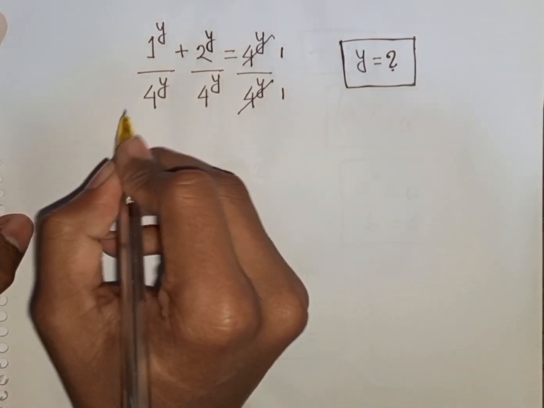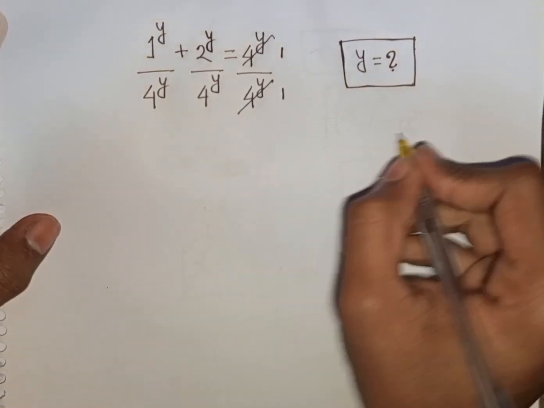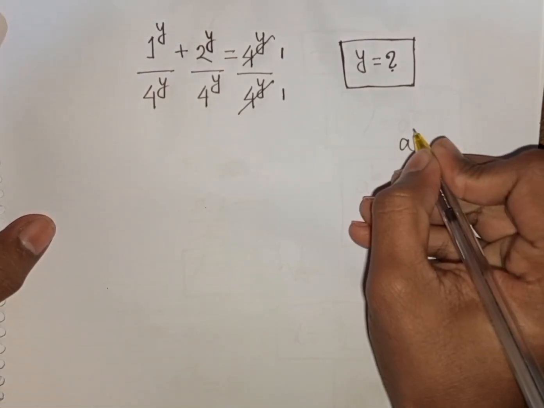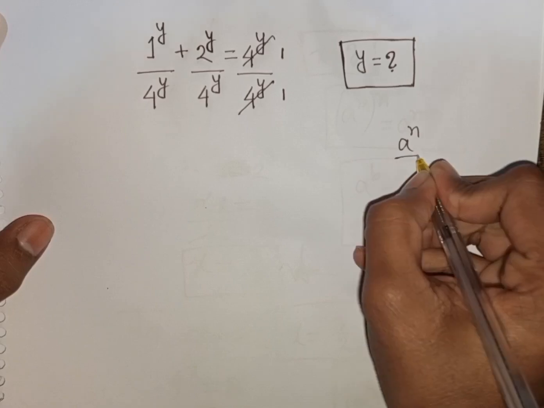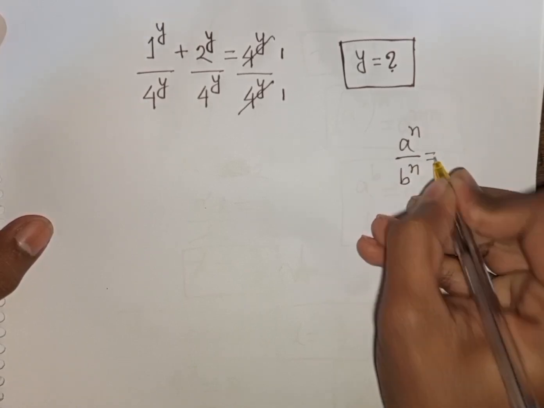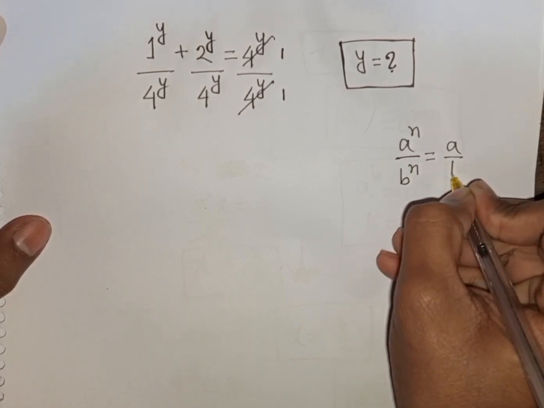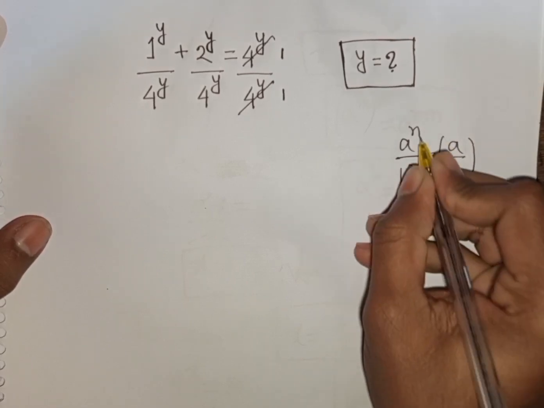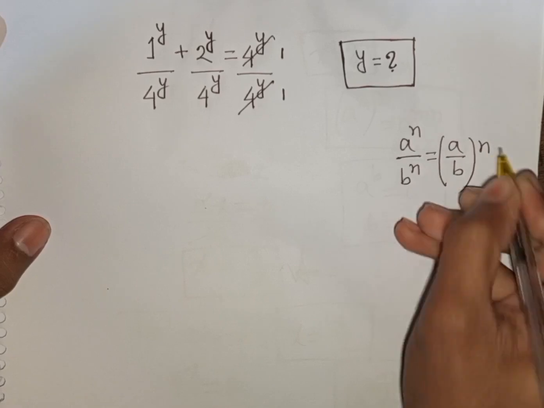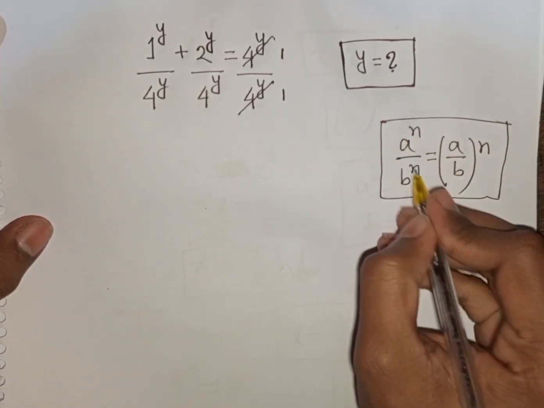Now from here we see y is the same power but different base. So remember this exponential rule: a^n over b^n is equal to (a/b)^n, that means same power n but different base.